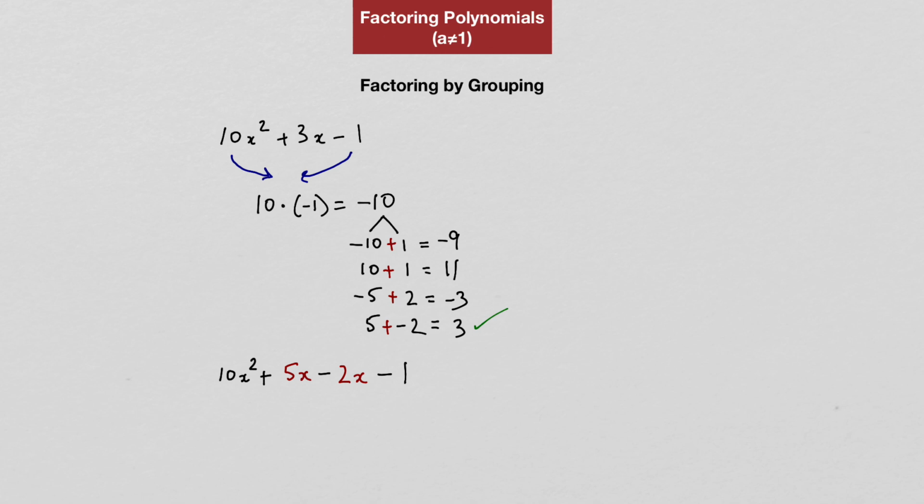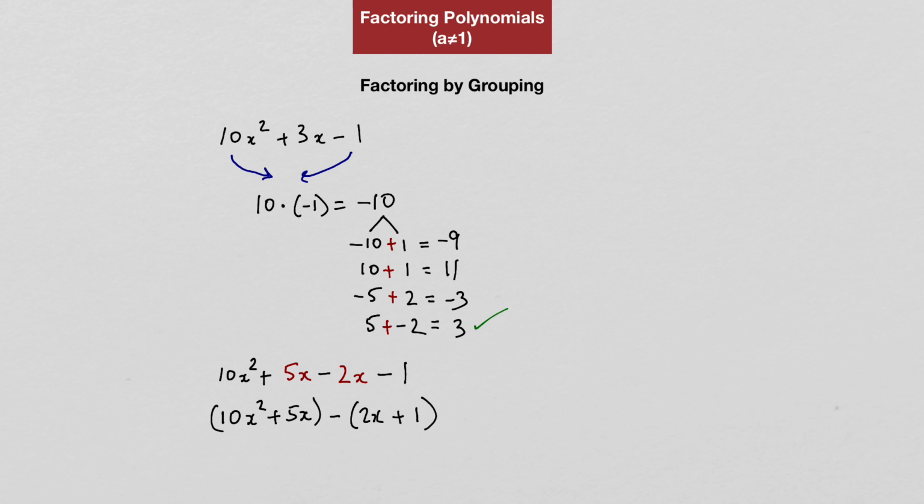We're going to group the first two terms, 10x squared plus 5x. We're going to put those in parentheses, and that's going to subtract the next group, which is going to be 2x. Now watch the sign here. Because we have a negative sign on the outside here, we have to maintain the integrity of this value, and so that's going to be plus 1.